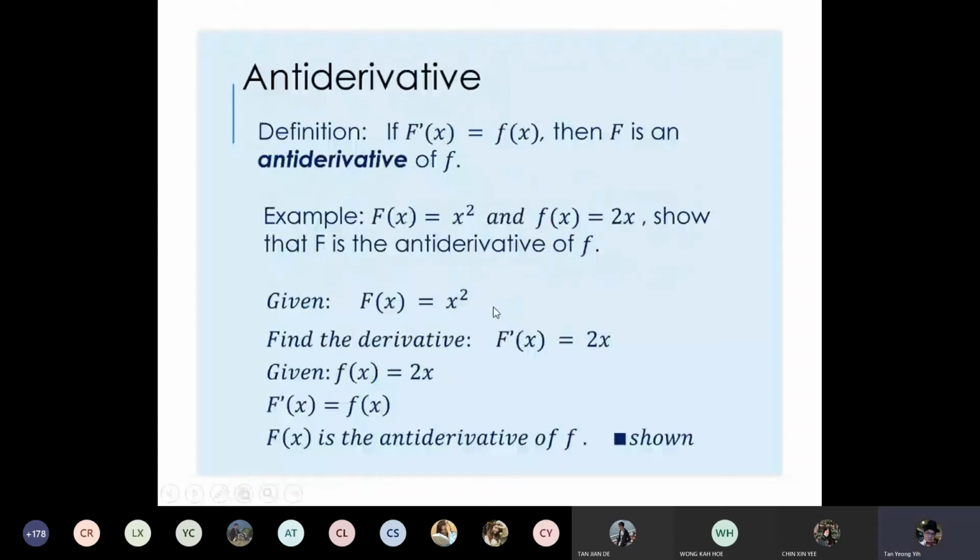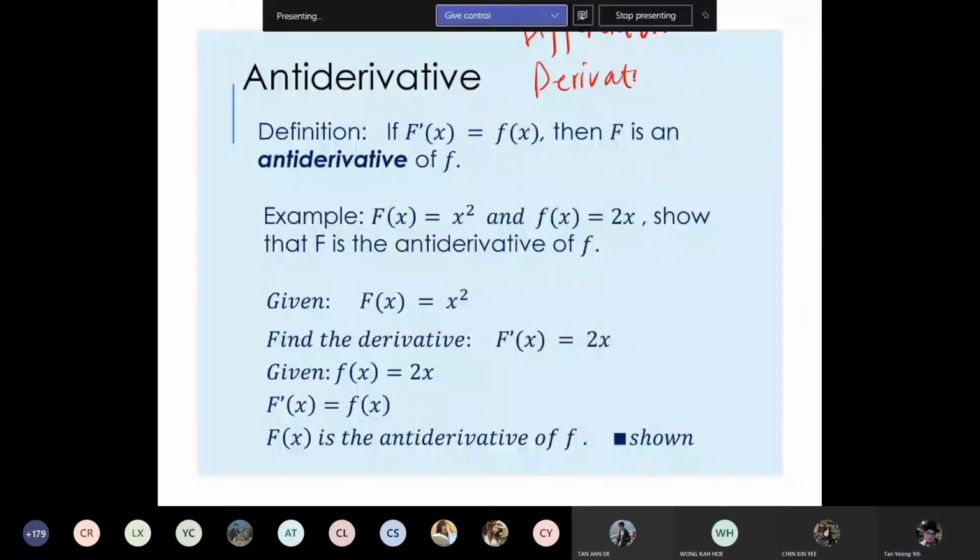Now, what is integration? Integration is also called antiderivative. Sometimes we say differentiation, and sometimes we hear derivative. Can you tell me what is the difference between these two?